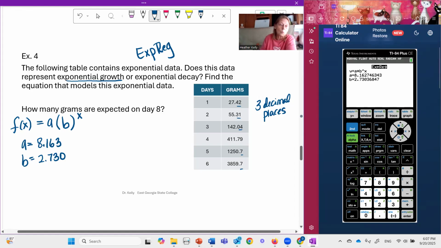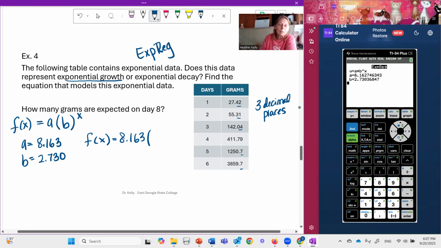All right, and so we'll put it in the form here. F of x is equal to 8.163 times, please use the parentheses when you write it out. Please do not give me a star and an air and a caret. I want you to prove to me the sophistication that you understand that there's a difference in the way that we write it and the way that we have to type it into a calculator.